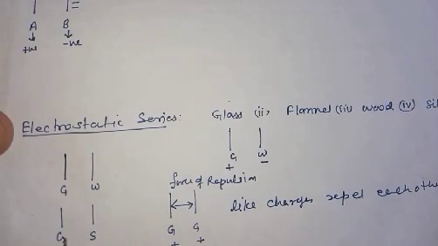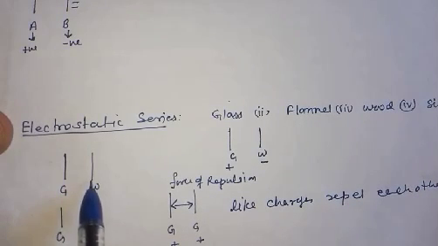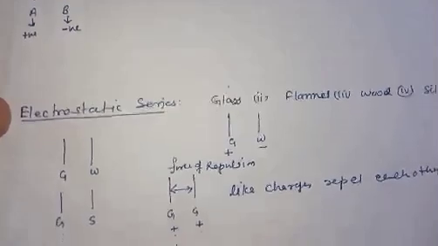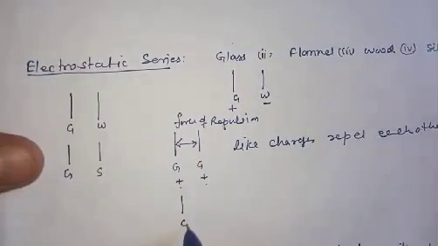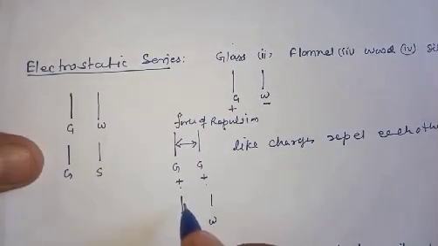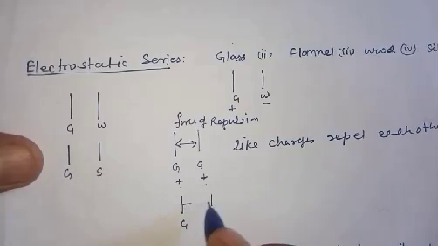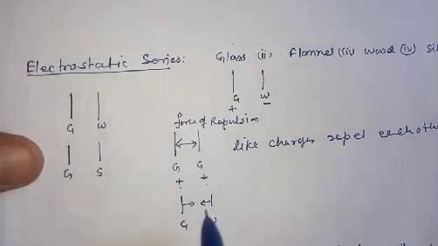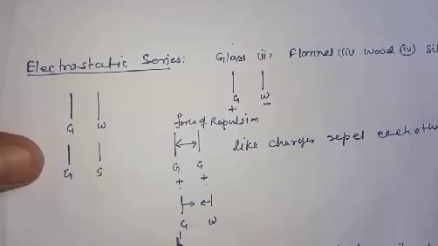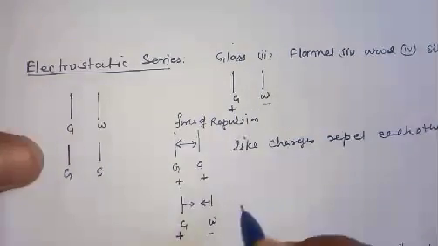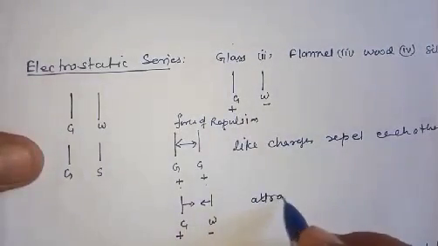If you bring glass and wool closer to each other, right? Glass and wool. They will attract each other. It means glass has the positive charge and wool has the negative charge, so they attract each other.